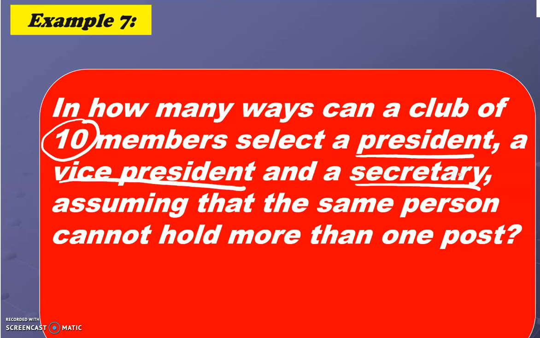Okay, maksudnya ada 3 jawatan je. 1, 2, 3. Okay, so of course lah mula-mula 10 orang akan berebut jawatan presiden. So 10 orang akan berebut satu kerusi. Okay, bila presiden dah terpilih tinggal 9 orang. So 9 orang akan rebut vice president. After that barulah yang 8 orang akan berebut, okay, post secretary.